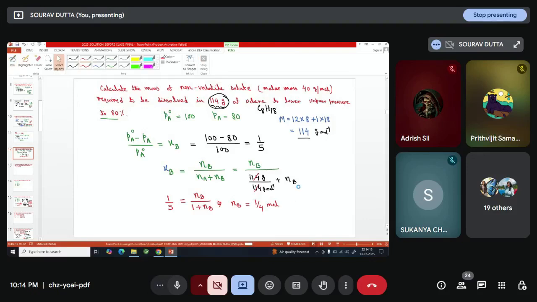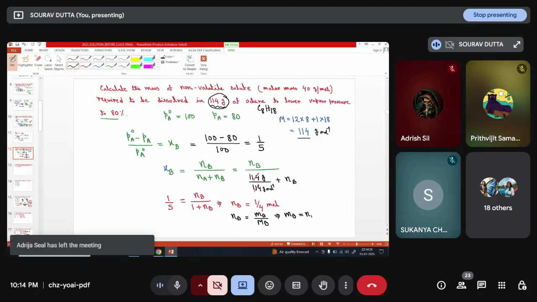Now mole number equals mass by molar mass. So NB equals mass of B divided by molar mass of B. So mass of B equals mole number of B into molar mass of B. What is the mole number of B?